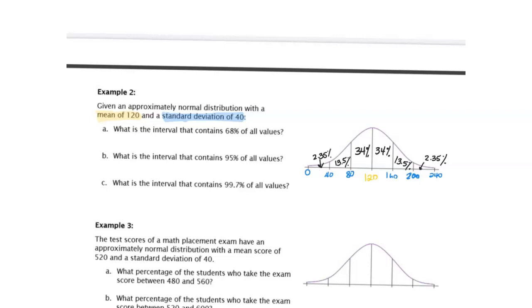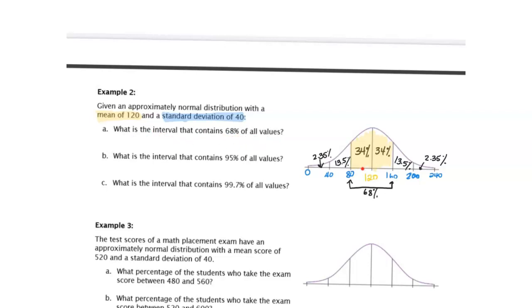Well, remember that within one standard deviation, so one to the left of the mean and one to the right, this is one whole standard deviation. This is 68% of our data. You can check that by adding these two intervals, 34 and 34, 68%. So the question is, what is the interval that contains 68% of all values?